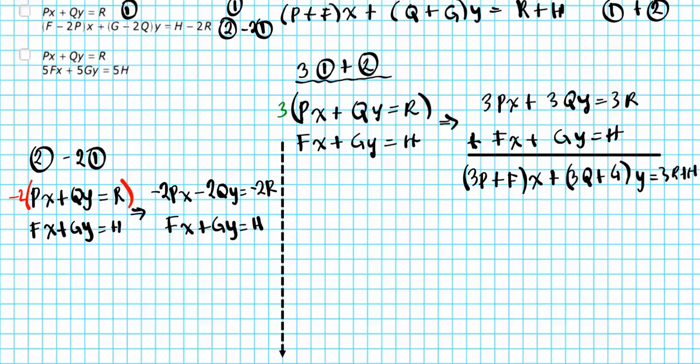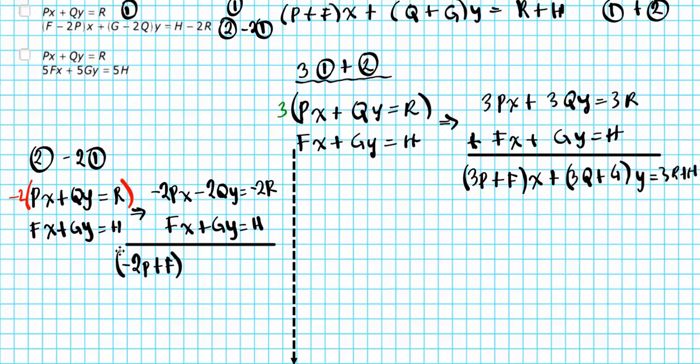Now, when you're adding, remember addition commutes. It doesn't matter the order that you're adding. So we're just going to combine these two. To combine these two, we're going to have -2px plus f. If you're adding them up, so -2p plus f, they both have x's next to them.